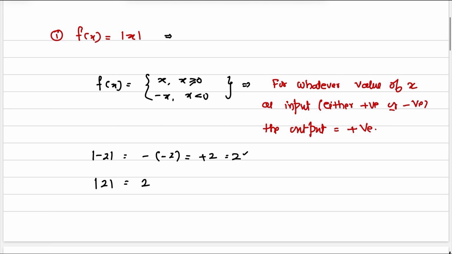Here also it is positive, here also it is positive. Modulus of minus 3 is equal to minus of minus 3, because minus 3 is less than 0. This will be applicable if it is less than 0. If it is equal to or greater than 0, this will be applicable. This is equal to plus 3, that is equal to 3.